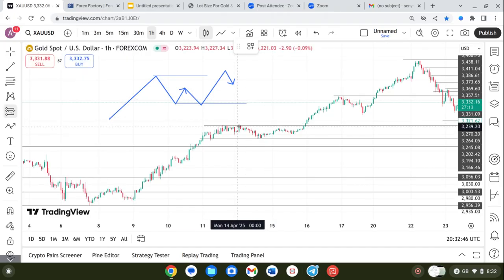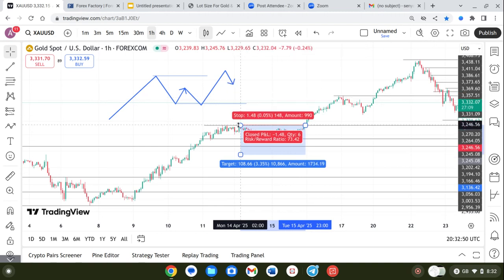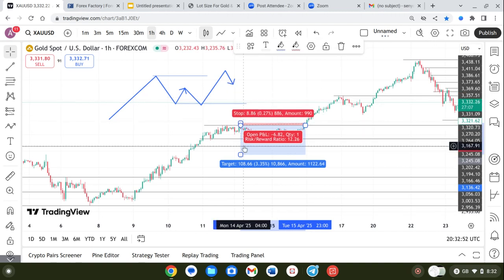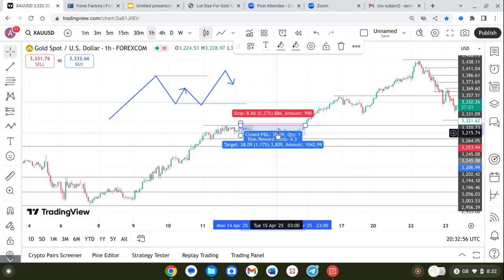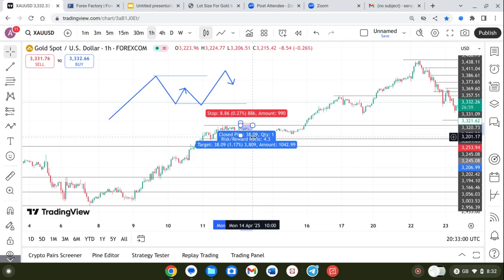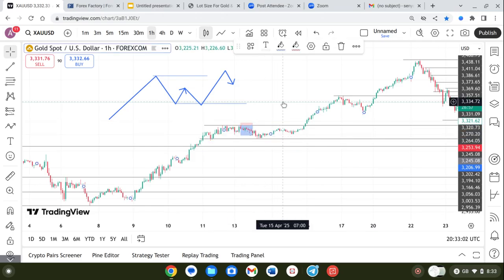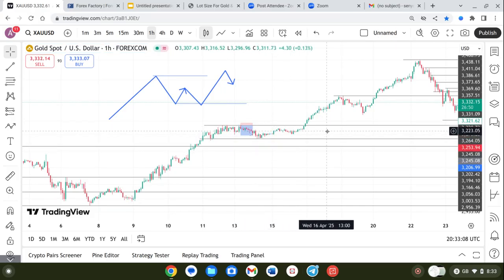But once it touched this virgin zone, it gives you a good amount of pips to bank on. So it's almost 300 pips drop just from that particular move. Look at this. This rejection gives us almost 300 pips.